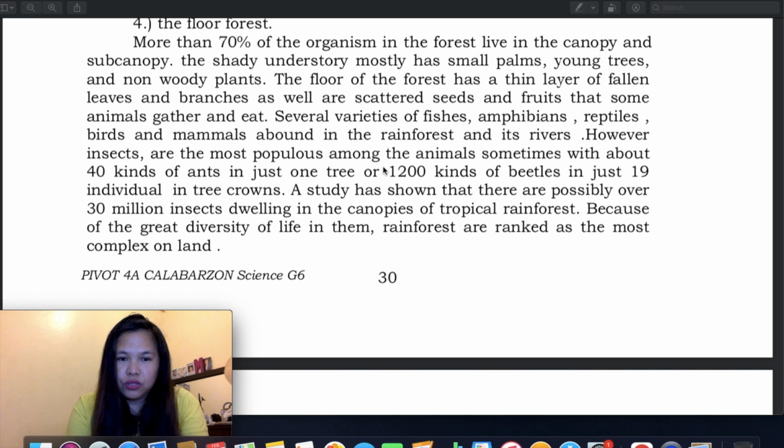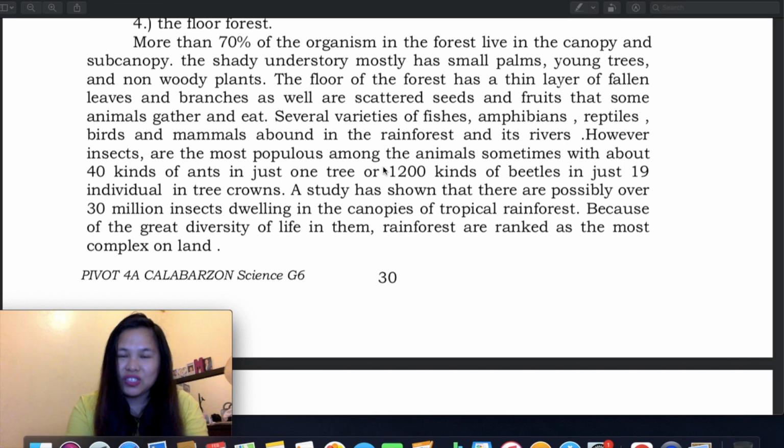So, imagine, in that particular ecosystem, merong 40 uri ng langgam at 1,200 uri ng mga beetles, and 19 individuals in the 3 crowns.